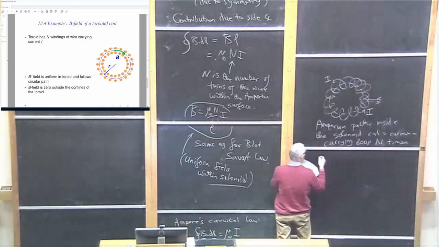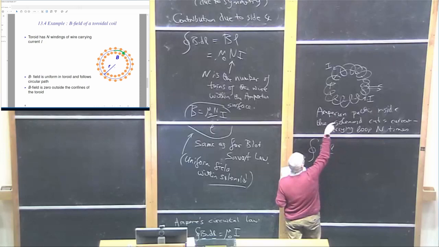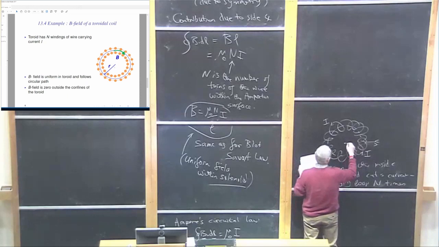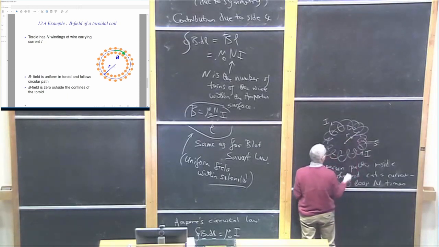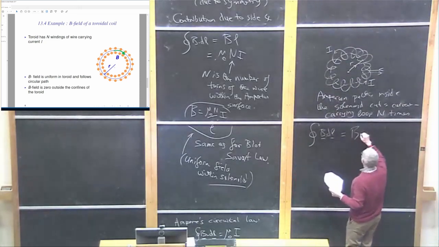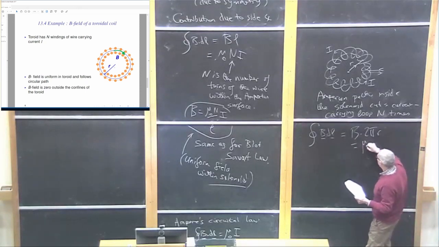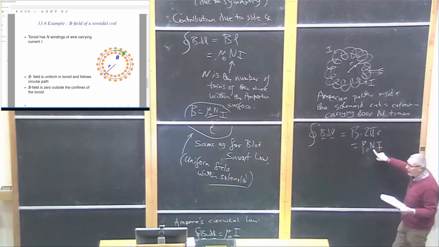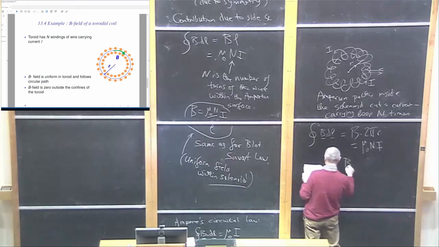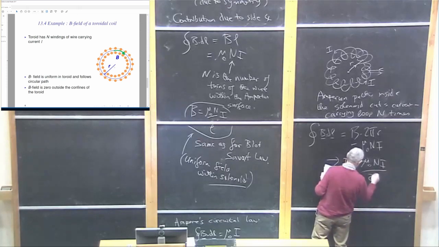and so I can trivially write down the integral along that line, which is within the coils. I should say that this has a radius r. B dot dl is B times 2 pi r, which is just the circumference of the path, is mu naught N times I. So N, because I have N turns of current, which gives B is mu naught N I over 2 pi r.